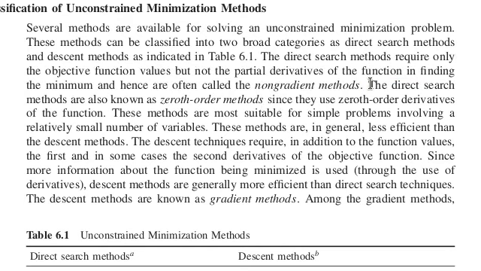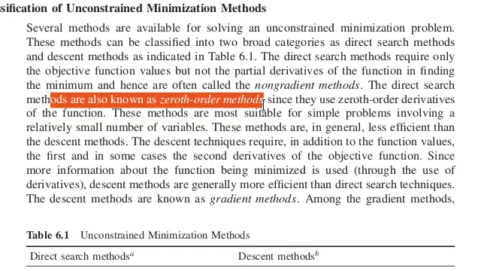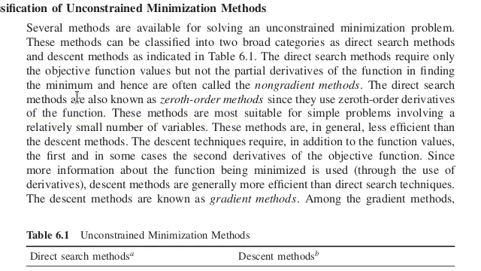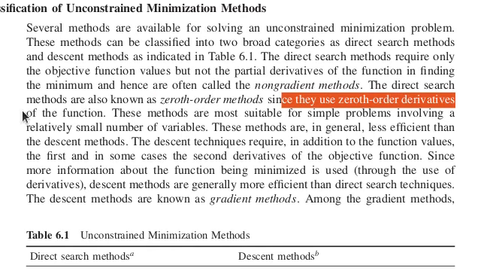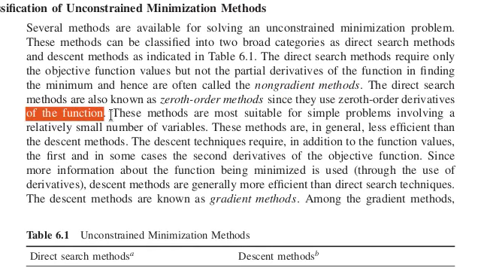Okay, the direct search methods are also known as zero order methods. You will remember this point. Direct search methods are known as zero order methods because they use zero order derivatives of the function. It means that they are not using any derivative. Zero order means we are using the function value directly.